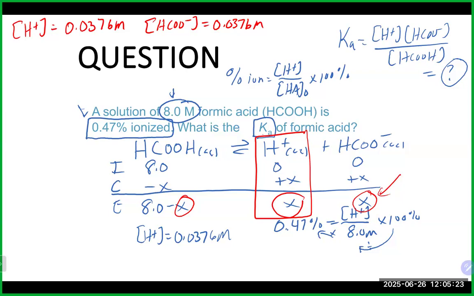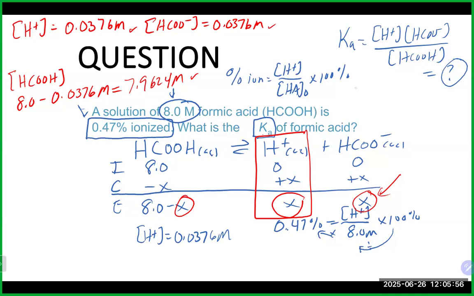And if we look at our formic acid, that actually is 8 minus x, so 8 minus 0.0376. And that's going to get us 7.9624 molar. So now by using that percent ionization, we're able to find the equilibrium concentrations of everybody.